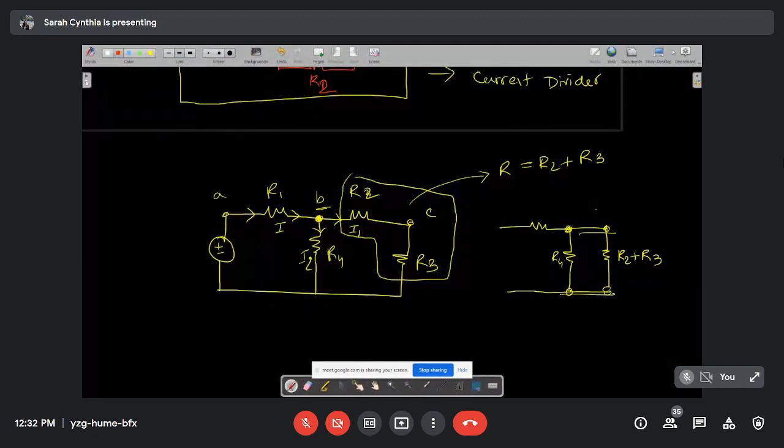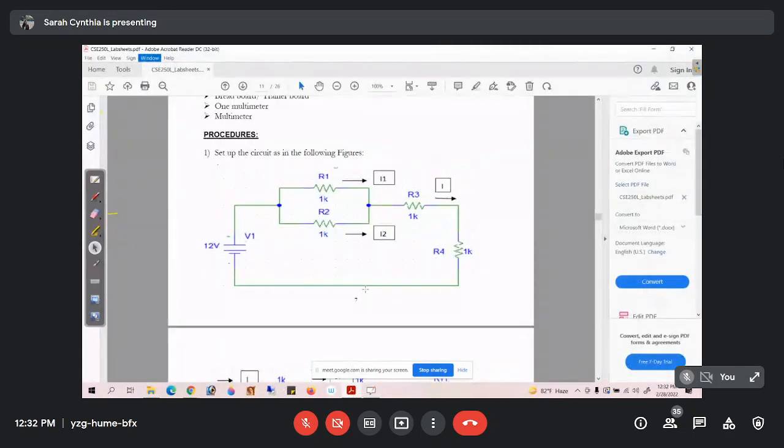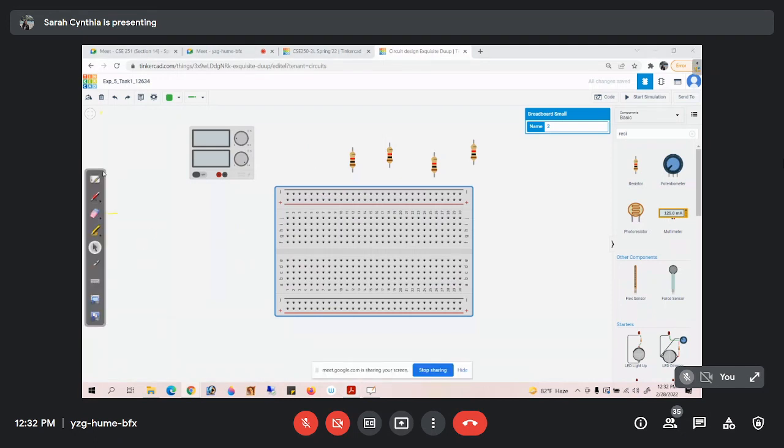Can you see the circuit? This one? Yes, ma'am. Okay, I was just about to draw it so that I do not have to switch more often. Let me draw the circuit over here. Sorry for the inconvenience.